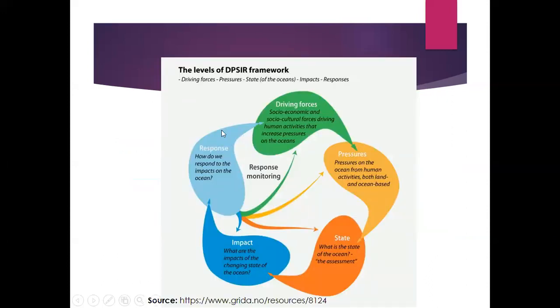So here is a schematic of what that framework may look like. So we talked about the driving forces. So the driving forces, again, remember we said human needs. Those human needs will cause human beings to carry out certain activities to meet their needs that would put pressure on the environment. That pressure on the environment would now often result in waste generated that will affect the state of the environment.